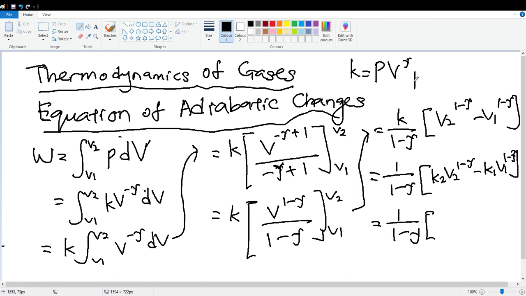Since our P1 V1 to the power of gamma is equal to P2 V2 to the power of gamma, I can conclude that this K, after expanding into V2 and V1, I can denote as K2 and K1, which is P2 V2 to the power of gamma times V2 to the power of 1 minus gamma, minus P1 V1 to the power of gamma times V1 to the power of 1 minus gamma.